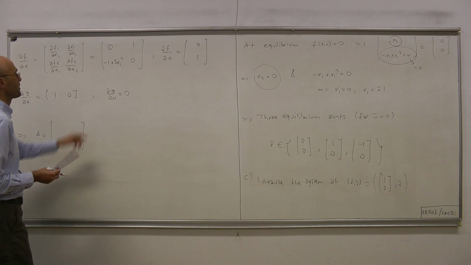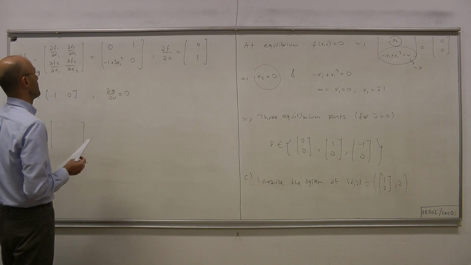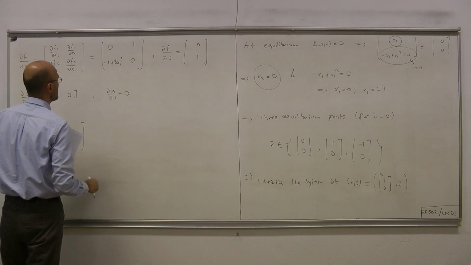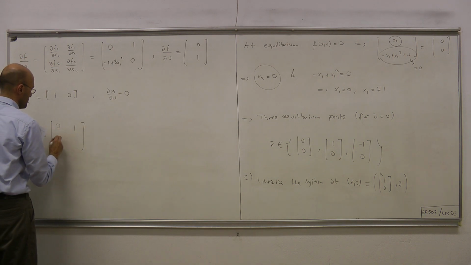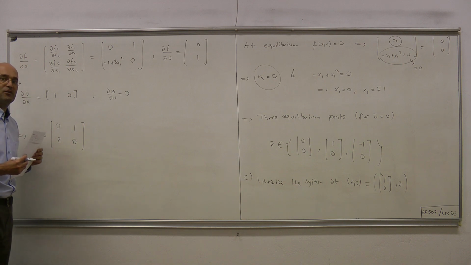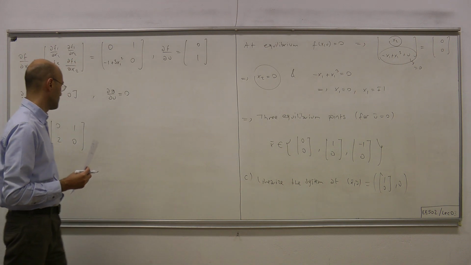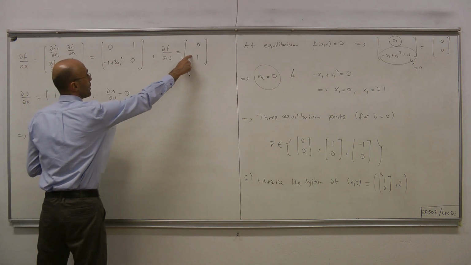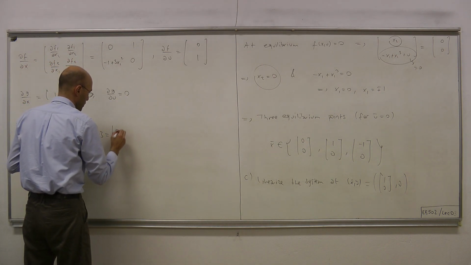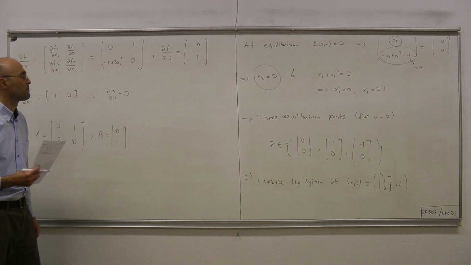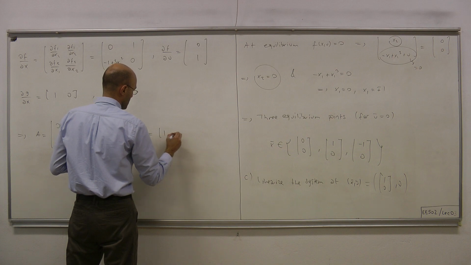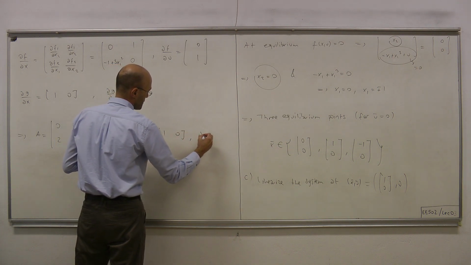Only x1 appears there, and if you plug in x1 equals 1, you have minus 1 plus 3, that's 2. So 0, 1, 2, 0 is the A matrix of our approximation. B is the same at all equilibrium points, and the same for the other matrices.